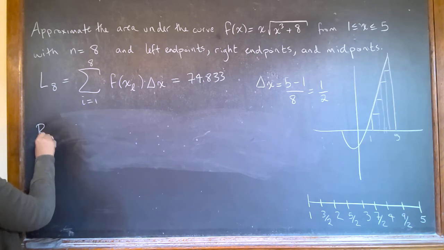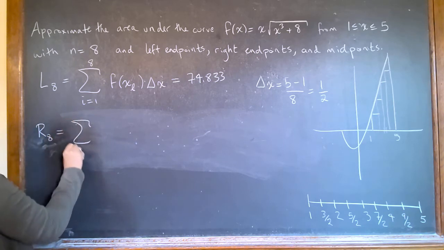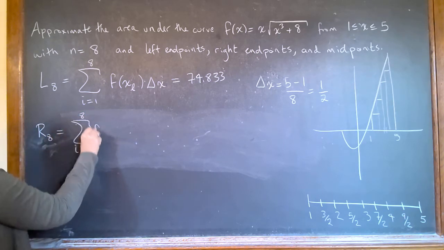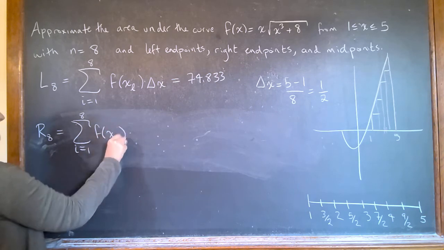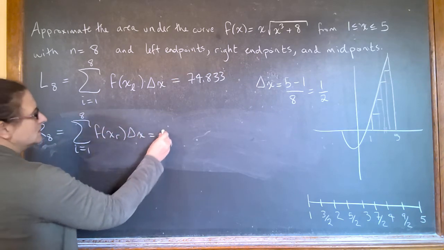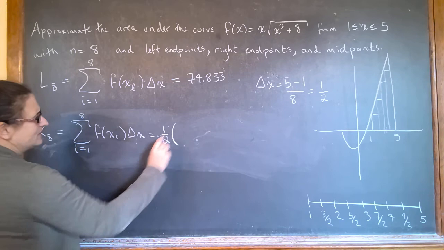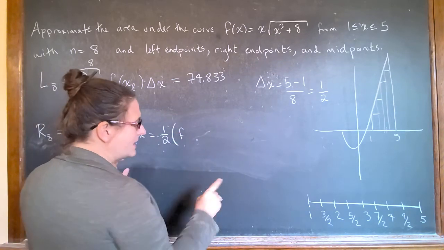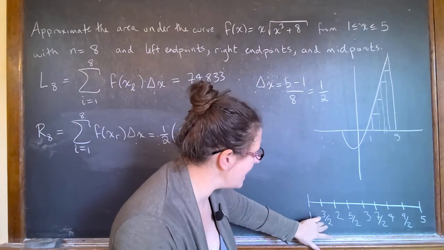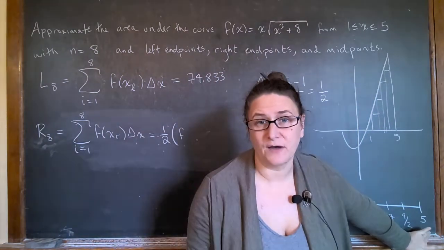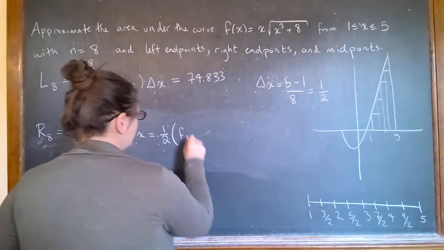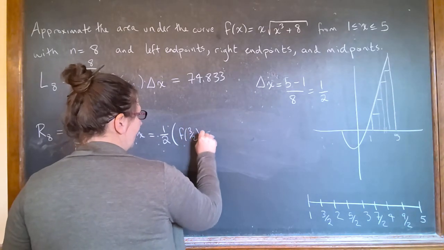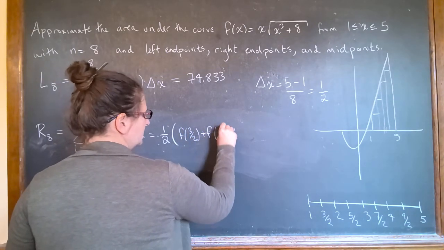I've got R8, the sum of f of x_i delta x. So I'm going to have a 1/2 in front here. For my right endpoint, I'm going to start with 3/2 and end with 5. So it would be f of 3/2 plus f of 2, and so on.